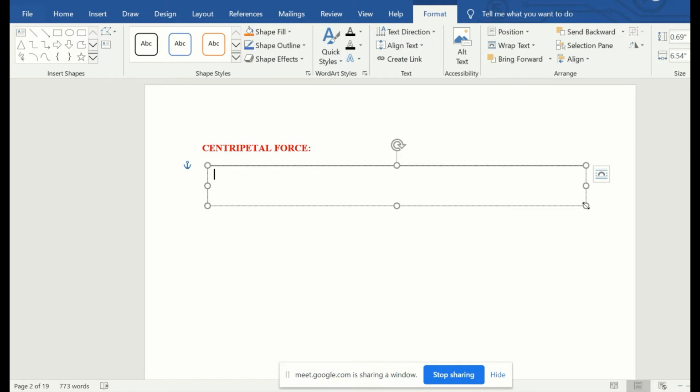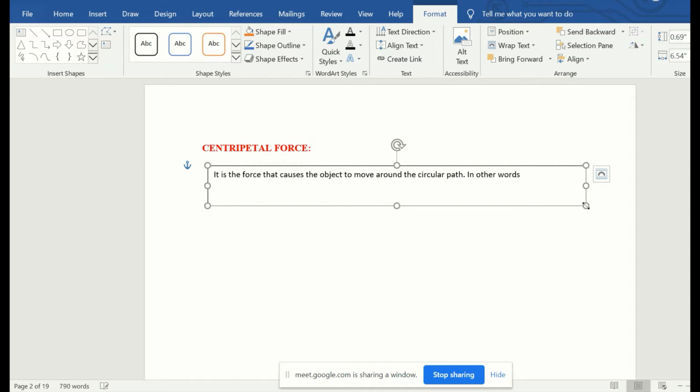The force that causes the object to move around the circular path is referred to as centripetal force.